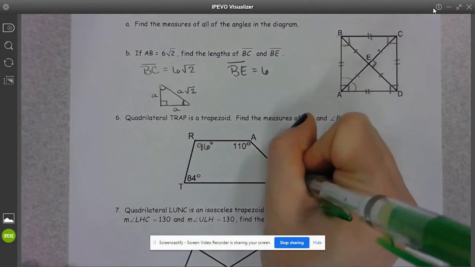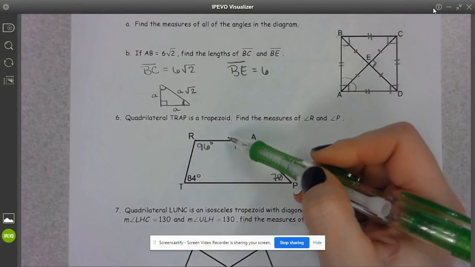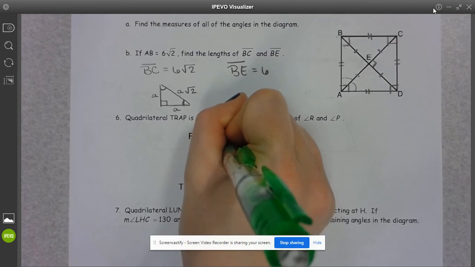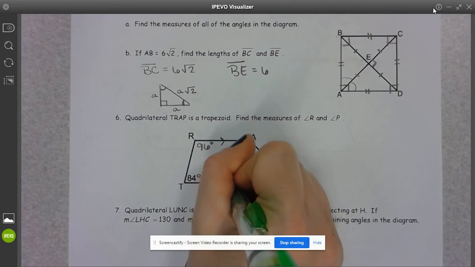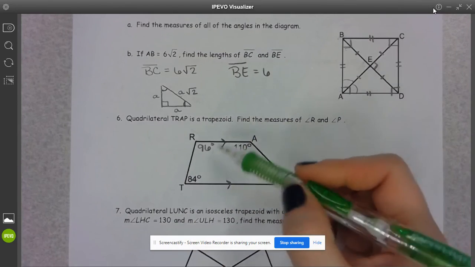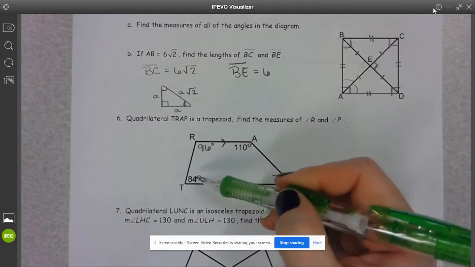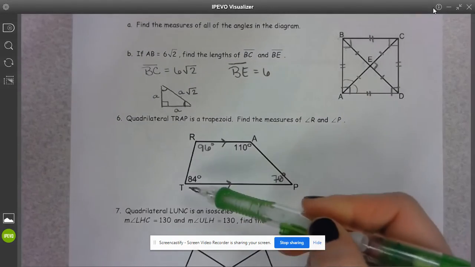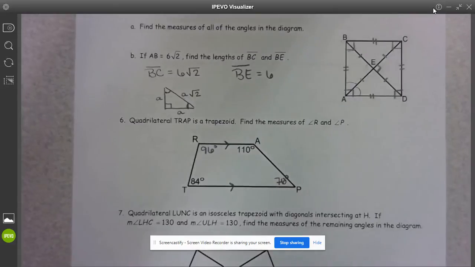Or, since RA and PT are parallel, I can think of the angle theorem here where these two also need to add up to 180. And 180 minus 84 also gives me 96. So either way you slice it or dice it, you're getting 96 for this one and 70 for that one. And if you add 96, 84, 70, and 110, they all give you 360.